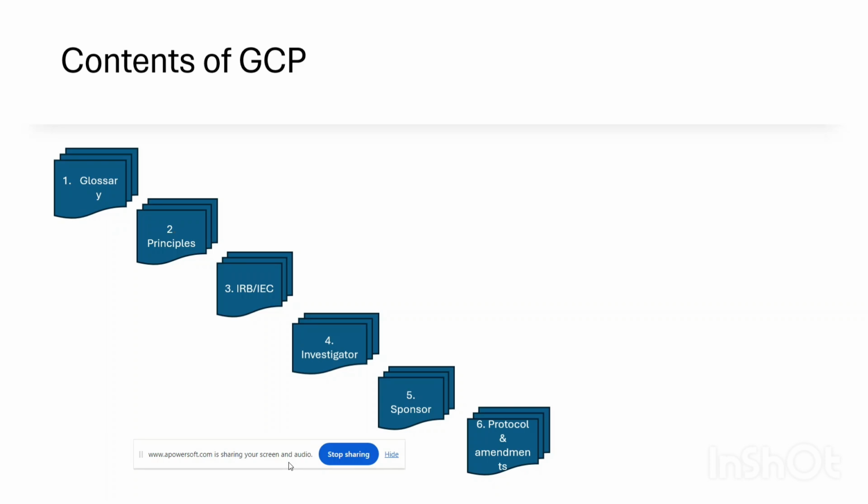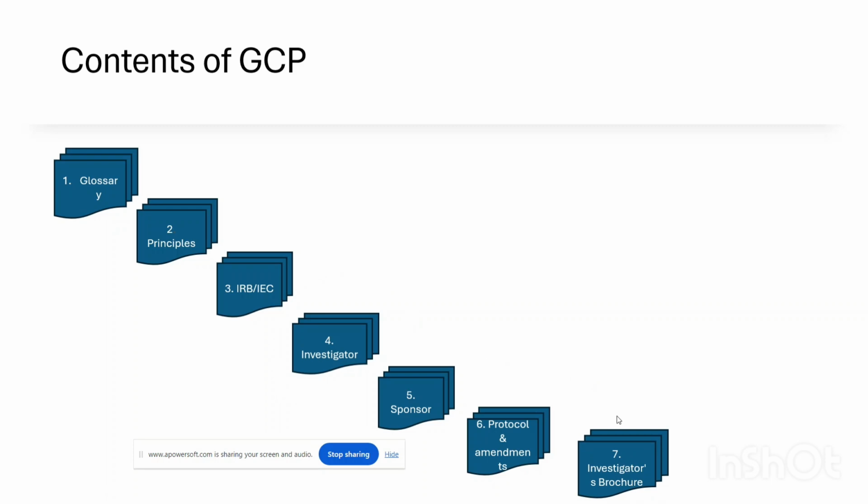Then it's moving to the next section, which is the investigator's brochure, that is IB. The investigator's brochure, seventh section, is a document which contains the details about the investigational product. That means our study drug information is contained in this section. So this section contains what details should be present in an investigator's brochure.